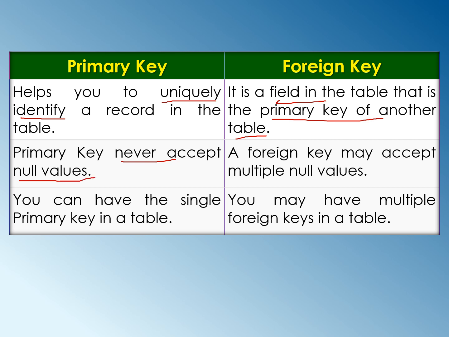No null values are allowed. Whereas a foreign key may accept some null values, or for multiple records it may accept. The third point is that you can have only one primary key in a table, but you can have multiple foreign keys inside a table. So please note, this is very important.